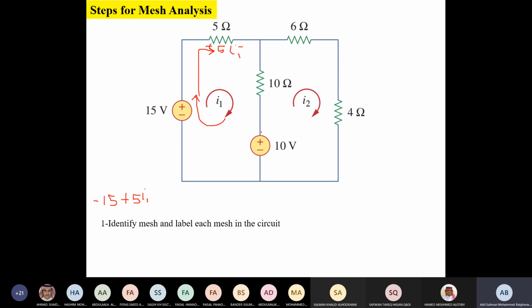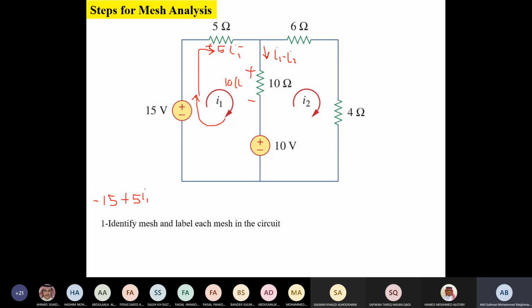And I come over here to the 10 ohm, and it will be, over here, 10. Of course the current is down, which is I1 minus I2.